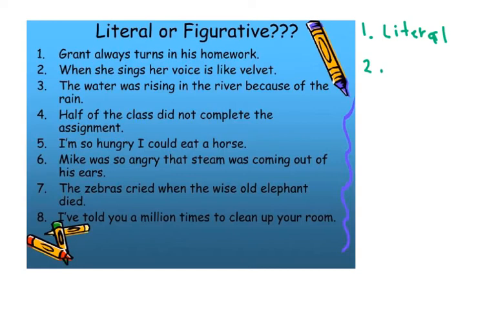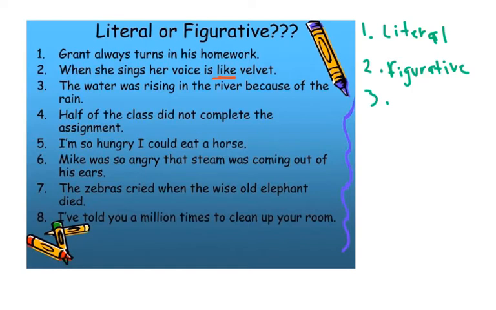Velvet is a type of material. I think this indicates that her voice sounded smooth, but there's also this word here, like, which is a hint. We're going to learn more about that. So when she sings, her voice is like velvet. I would have to say that is figurative. Because a voice can't really be velvet.